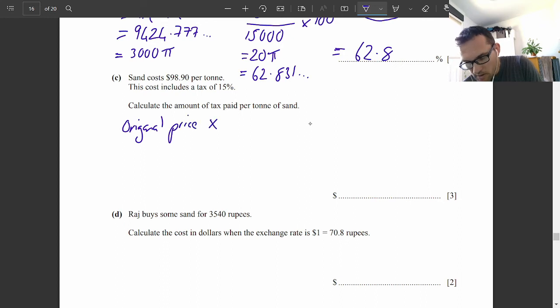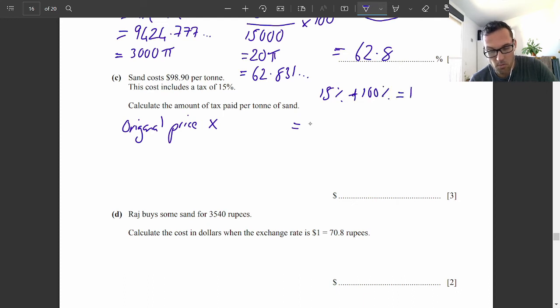Then we multiply this to get the actual price of the sand. We have to increase it. So remember, when we increase something by 15%, we take 15% of that amount and we add it to the original amount, which is 100%, and we end up with 115%, which as a decimal value is 1.15. That is our multiplier.